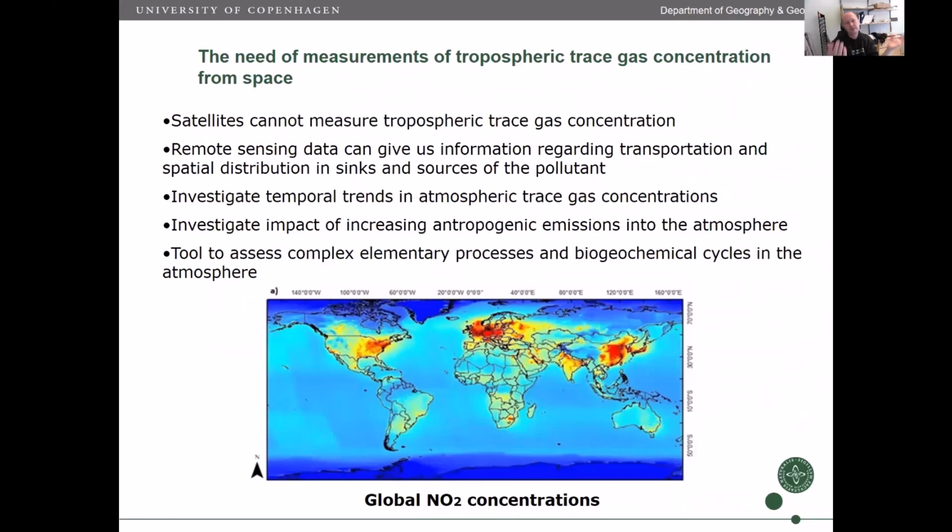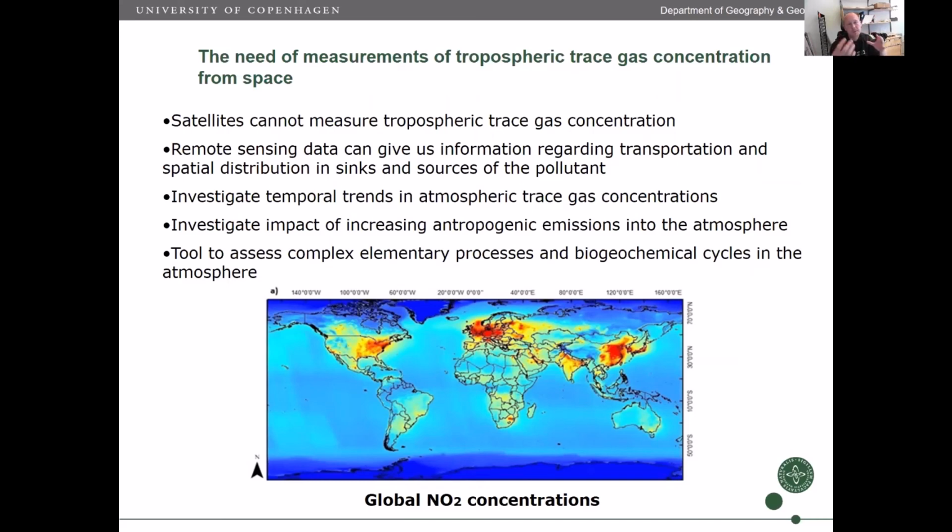Satellites cannot actually measure the trace gases in the atmosphere. They don't take an air sample and measure the concentration inside that air sample. What we get from the satellites is incoming radiation from the sun and then reflected radiation back from the atmosphere.